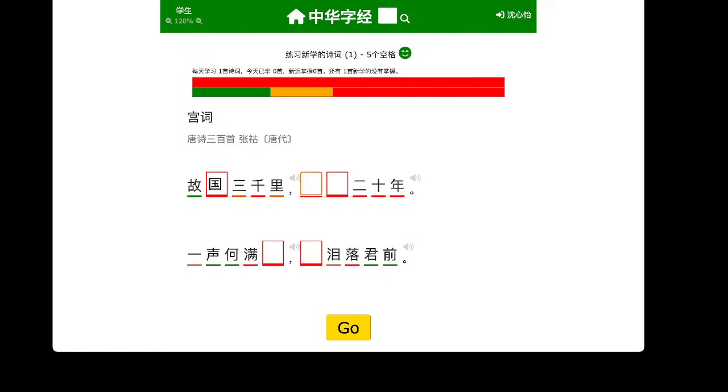Oh, you didn't, then you didn't study, of course you can't do it well. 故国3000里, then let me think, 故国3000里，深宫20年. 深宫 means the deep palace. You're deep inside the palace. 故国 is your former country, 3000里 is a distance. 故国 means a country from the past, for example your country was invaded.